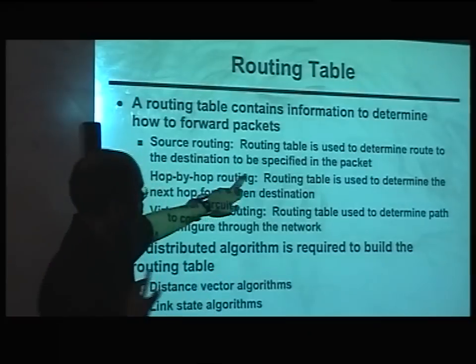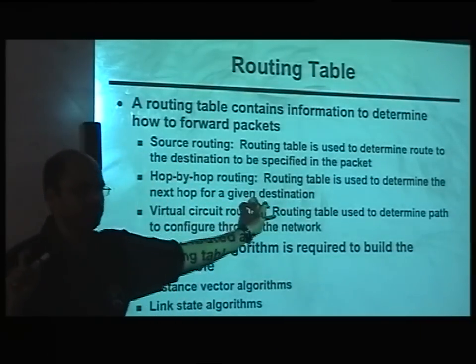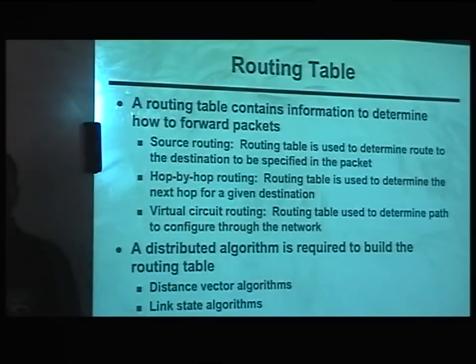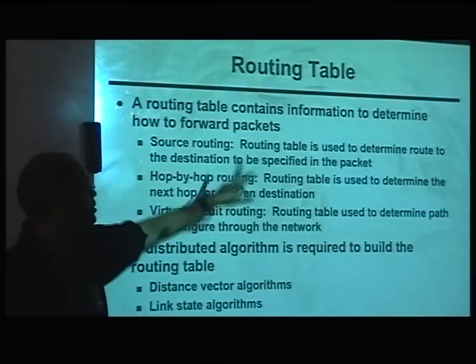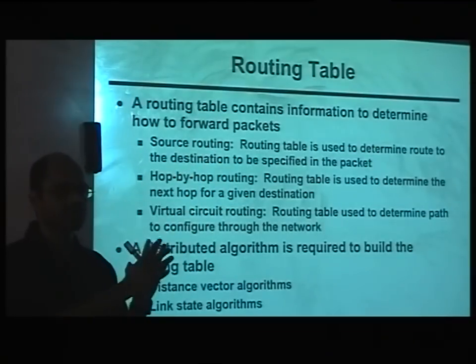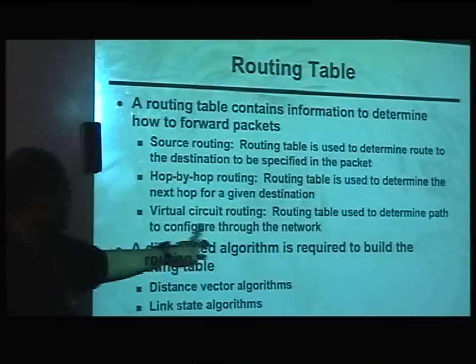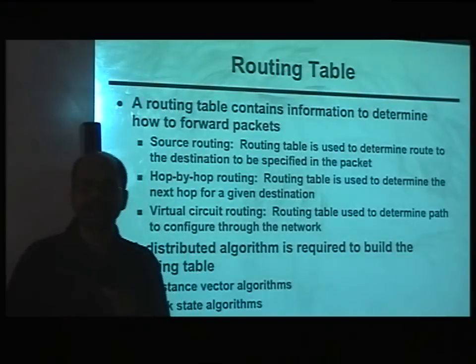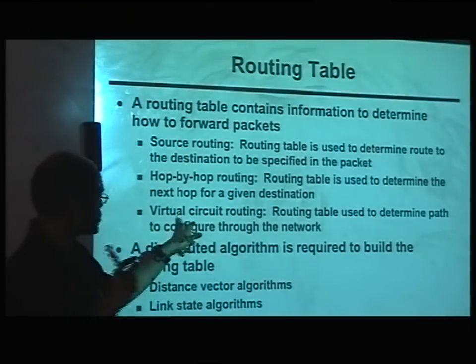Hop by hop just tells you the table to find out the next hop. Right? So it will say if you want to send it to the destination D, give it to C. That's it. So the routing table is simple. In this case, the routing table is small. In this case, the routing table is bigger because you have the entire network's routes. This is for virtual circuit. Again, it will be simple because you just give it to this circuit. If the circuit has an ID, you will just give the IDs of those circuits and you will send it.